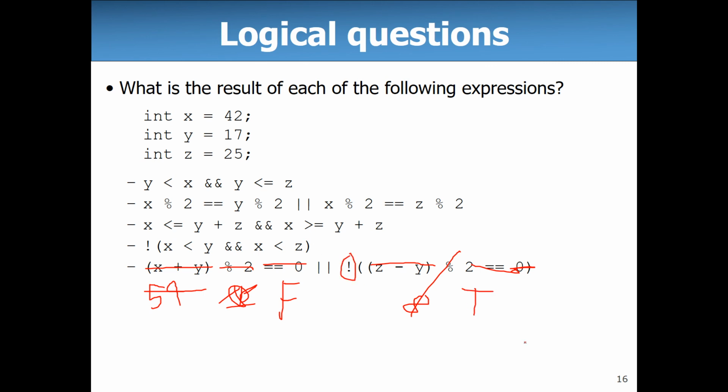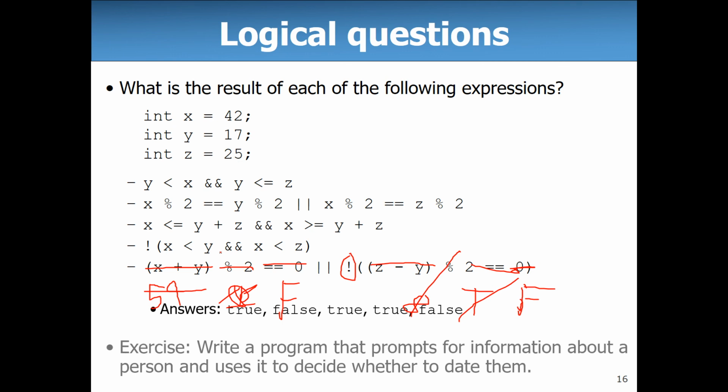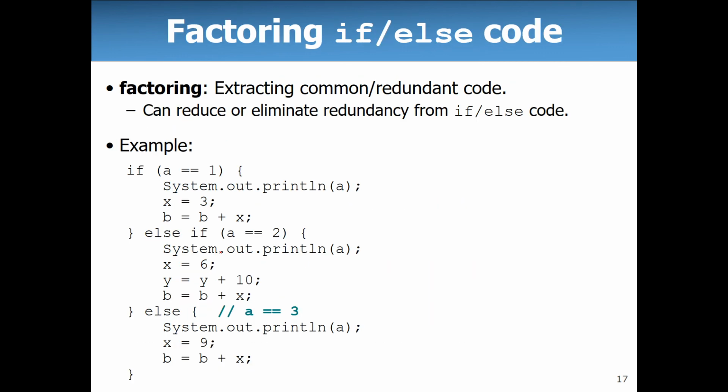But we have this. False or false becomes false. False, true, false. Sorry, false, true, true, false. True, true, false. Right? So hopefully I got that all right. Otherwise I've made a butt of myself. Okay.